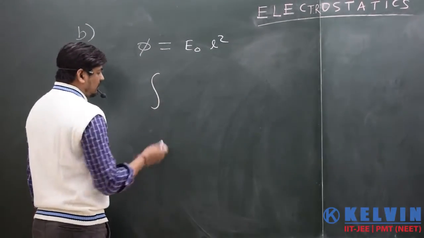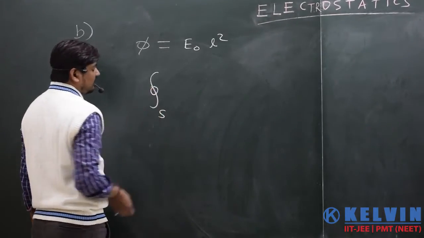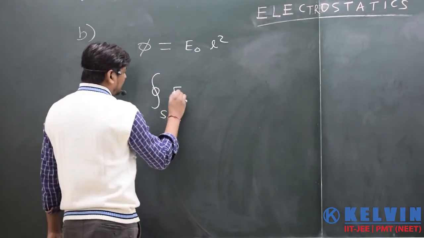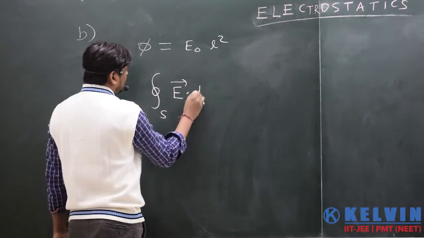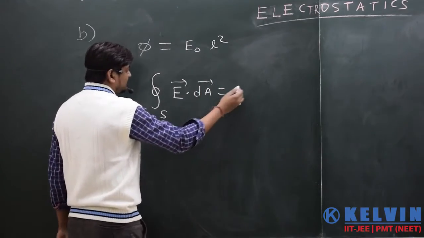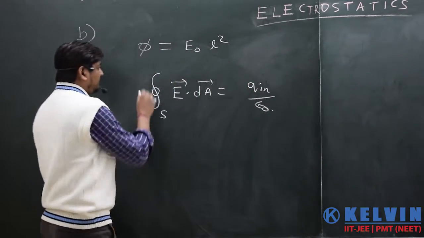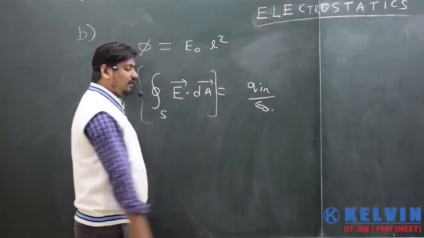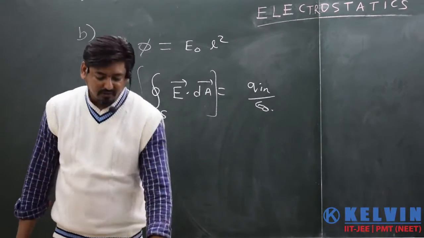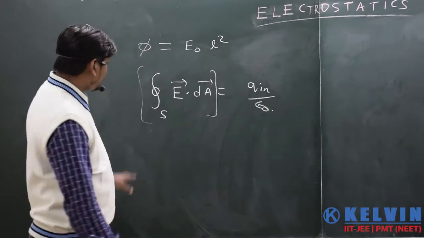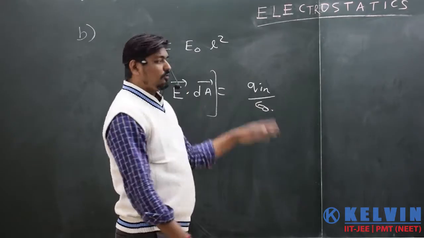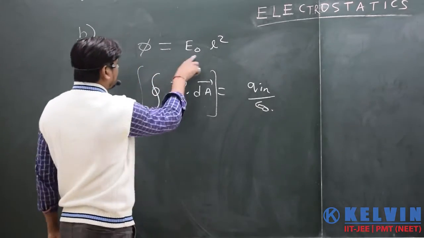So what does the Gauss law say? Surface integral, E vector dot dA vector equals Q inside upon epsilon naught. Now this is basically the total flux associated with the cube itself, and it was E naught L square.